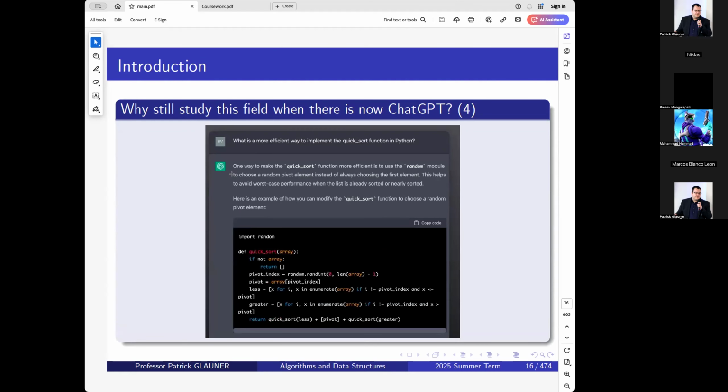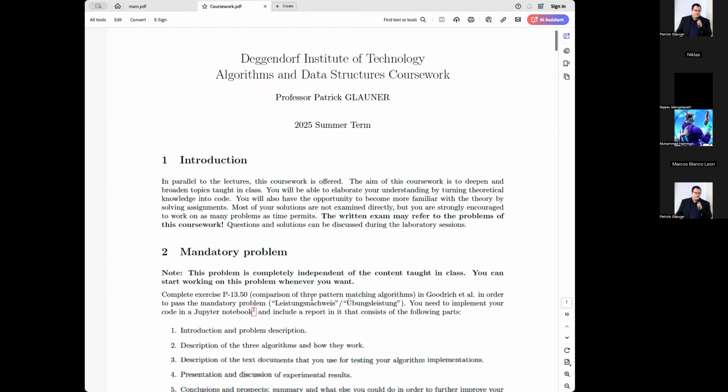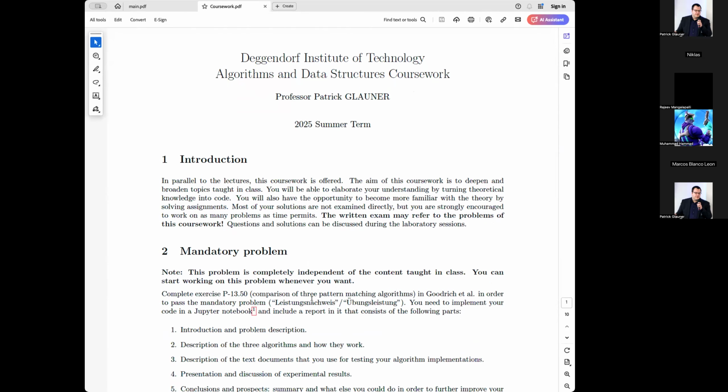But you can use tools like ChatGPT very efficiently. Maybe when you do your coursework, and I've talked about the coursework sheet in the lab session today. If you have not attended the lab session today, please watch the recording because I've mentioned the mandatory problem, I've mentioned the exam bonus problem.